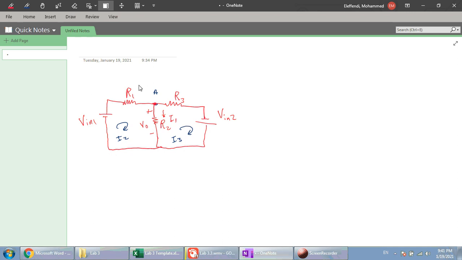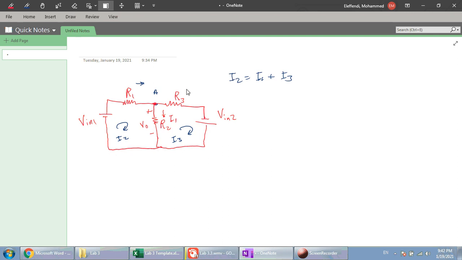So here we have I2 going into node A, we have I1 going out and I3 going out. So KCL at node A would be I2 equals I1 plus I3.